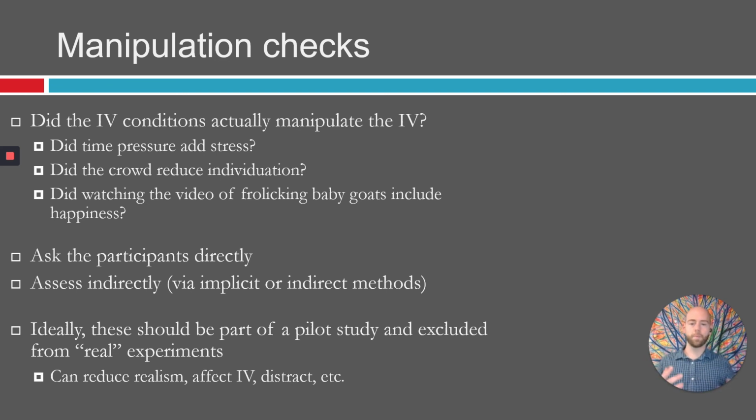So by doing a manipulation check, you might be changing your study. So a compromise that people frequently use is to use manipulation checks in pilot studies to make sure that they're manipulating what they want. And then in the real version of the study, they don't use the manipulation checks because they can be confident from the pilot studies that there is a change that was being made there.